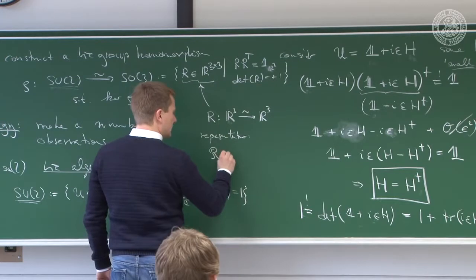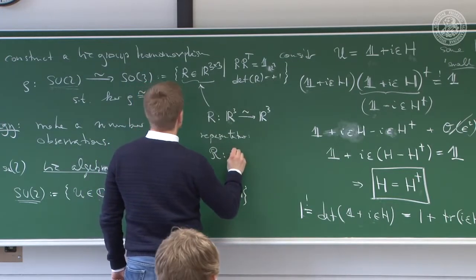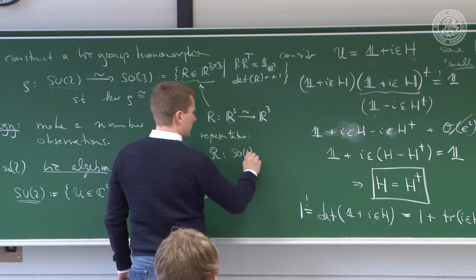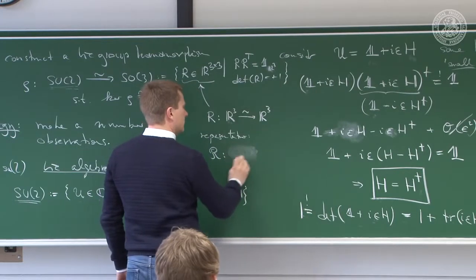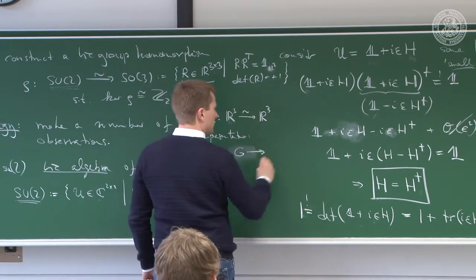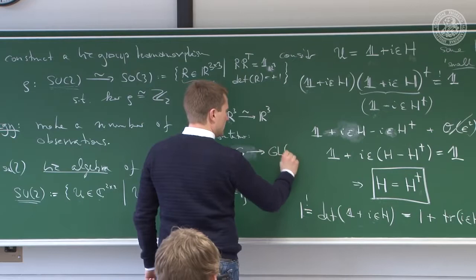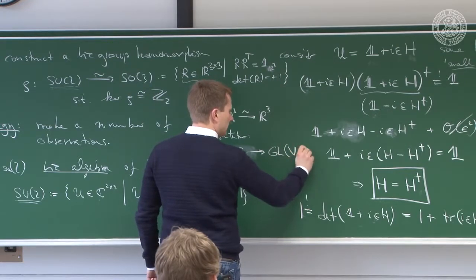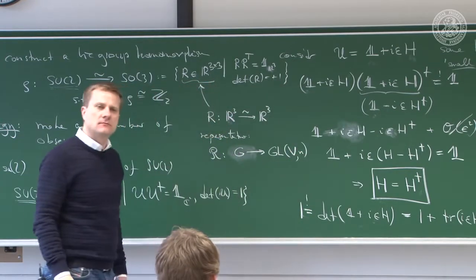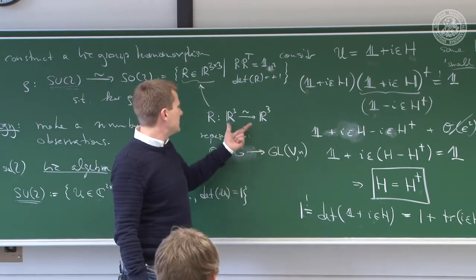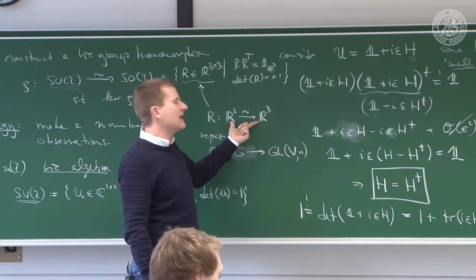A representation of a Lie group, in this case SO3, was a map from the Lie group into the general linear group over V of some dimension. General linear means it's all the linear maps that are invertible.